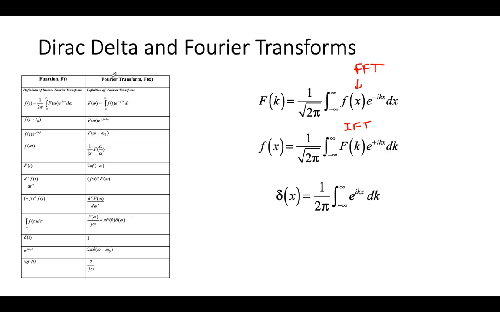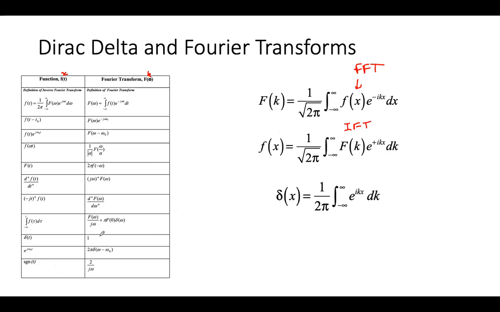We go to places like Google or math handbooks, and there are tables that people have created. And remember, this is omega over here, but it can also be k. This is t over here. It could also be x. You can do it in the time frequency or the position wave number k space, and those are equivalent.